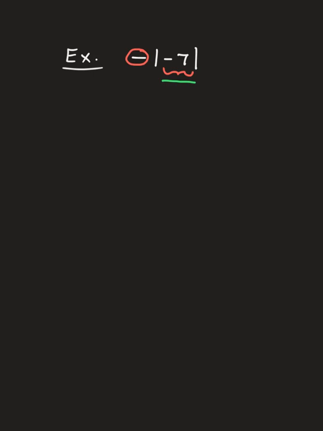And if we think about this in terms of distance away from 0, -7 is 7 units away from 0. Then I take the negative that's on the outside and I apply it. And so my final answer is -7 for this expression.